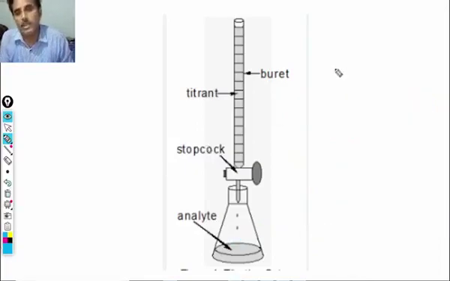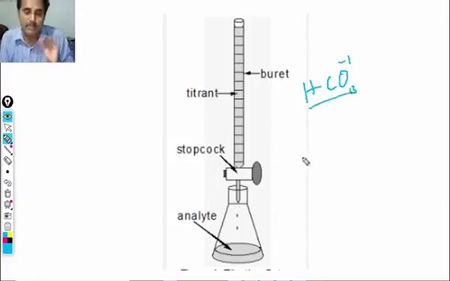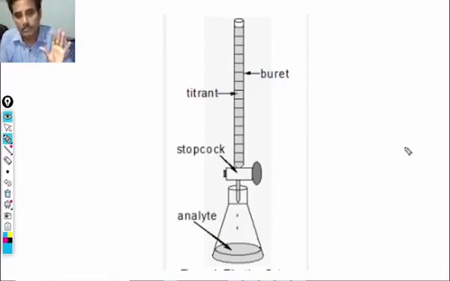Suppose bicarbonates are present in our water sample. If we add phenolphthalein, we get a colorless solution directly, because in the presence of bicarbonate the pH is less than 8.3, so it gives colorless with the phenolphthalein indicator. So we cannot estimate the bicarbonates using the phenolphthalein indicator.